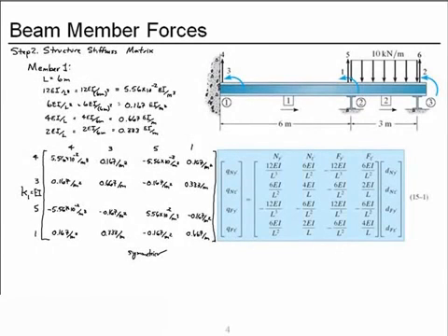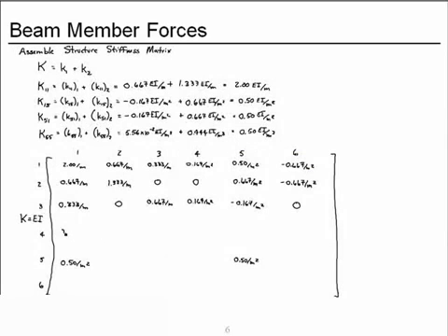4,1, row 4, column 1 will be this quantity. 4,2 will be 0 because no element connects these two degrees of freedom. 4,3 will be this quantity. 4,4, 4,5, and 4,6 will be 0.